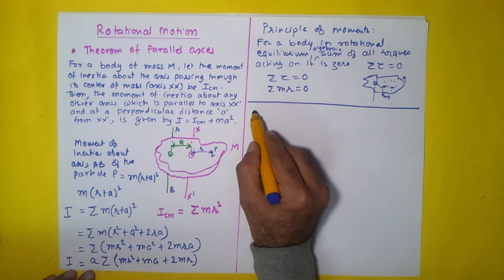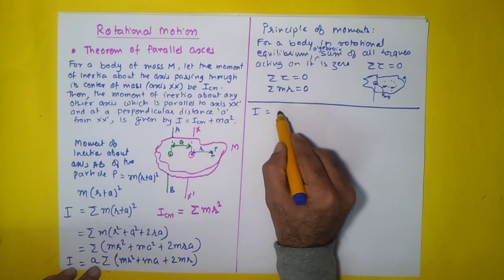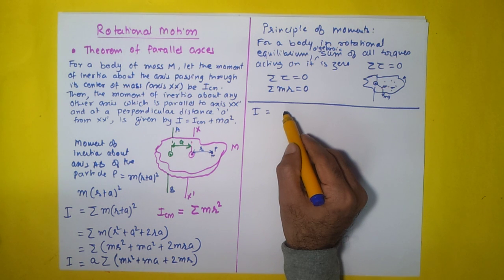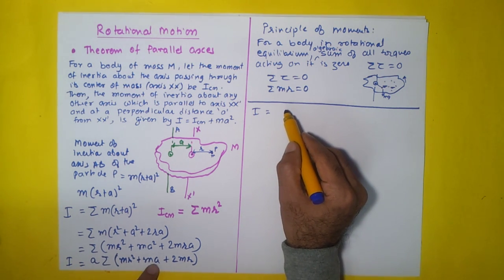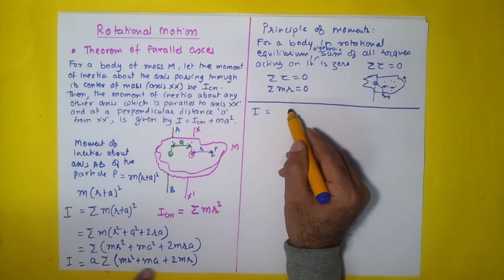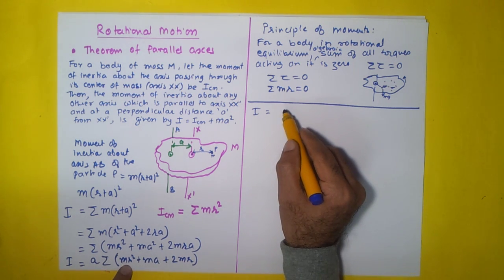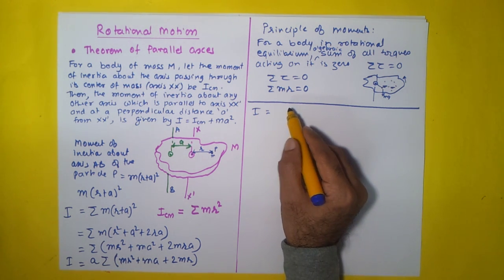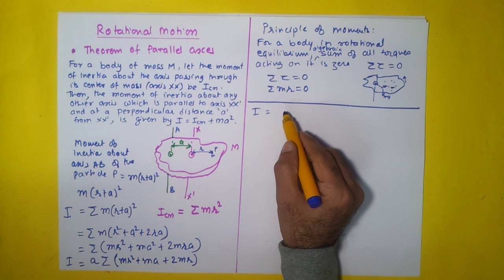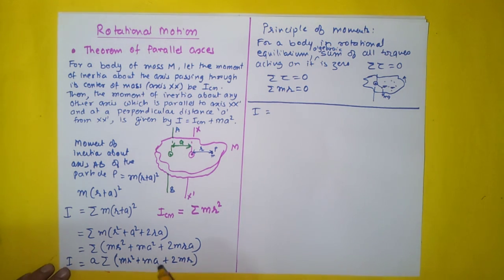Coming back to this, I is equal to, now I have taken a out of the equation, so I'll get sigma mr square plus ma square plus 2mr. Now if I look at each one of them individually, what will I get? I have made an error over here. Let me redo this step.